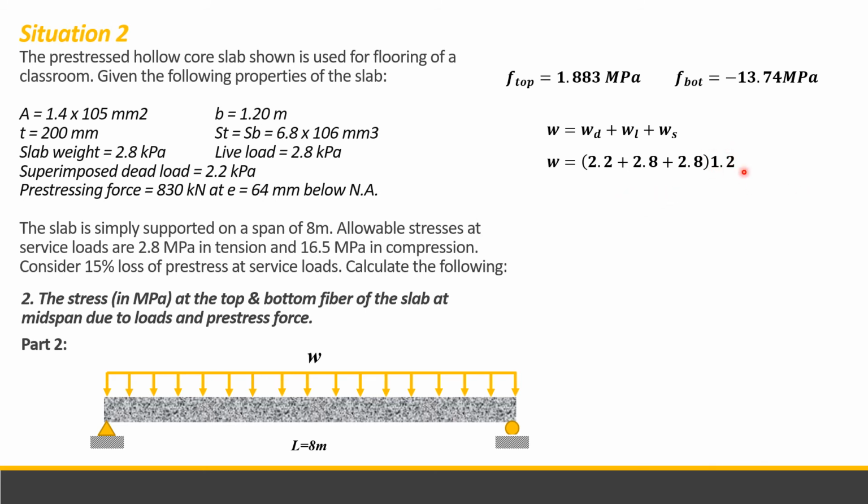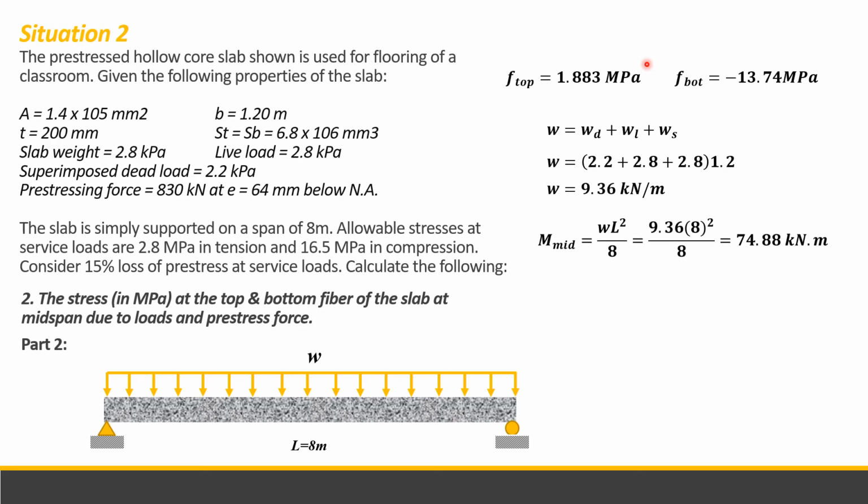The 1.2 is our base, or the width of the slab. So the total distributed load that the slab will carry is 9.36 kilonewton per meter.